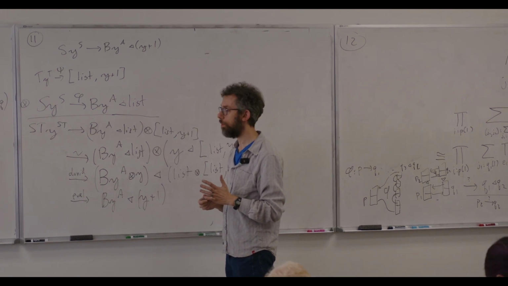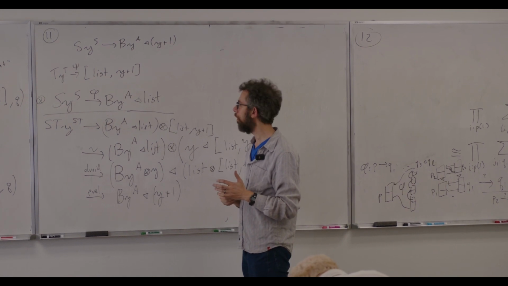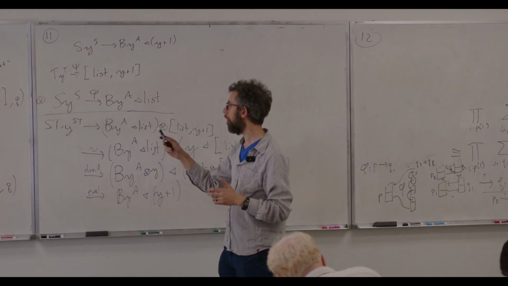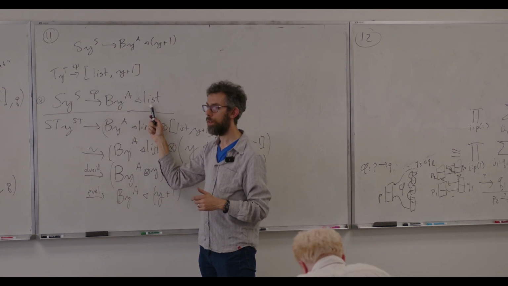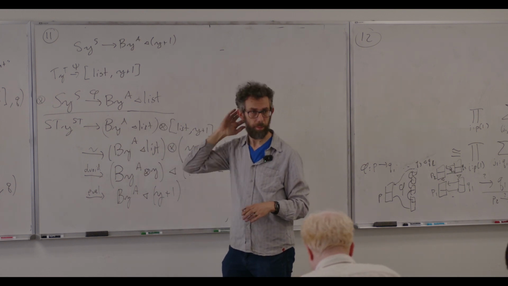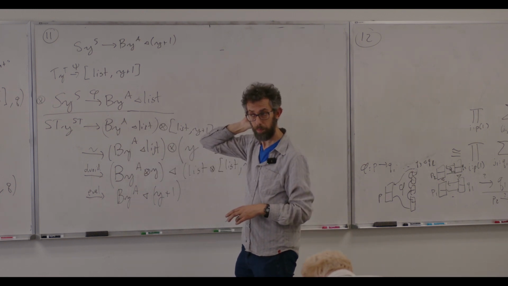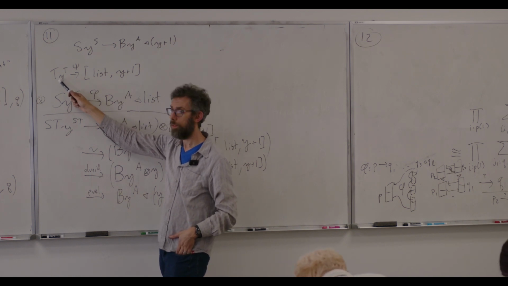So the second one there produces a list. For a given state, it takes an A as input and it produces a list of states. And then the upper one there starts in a state.